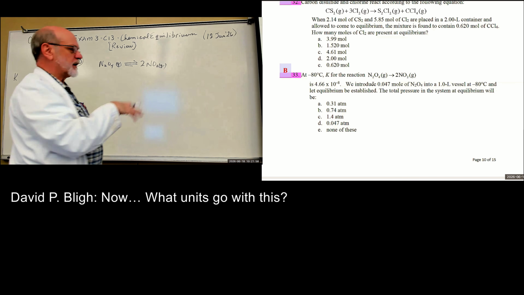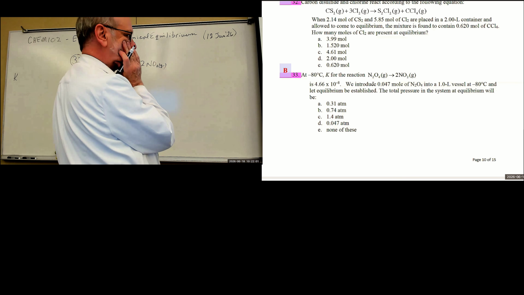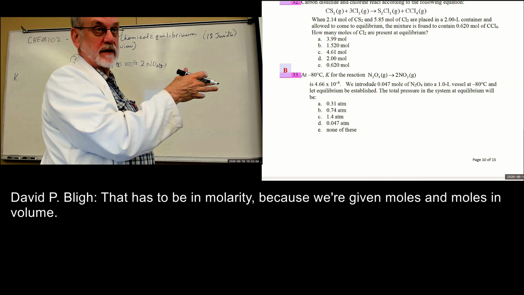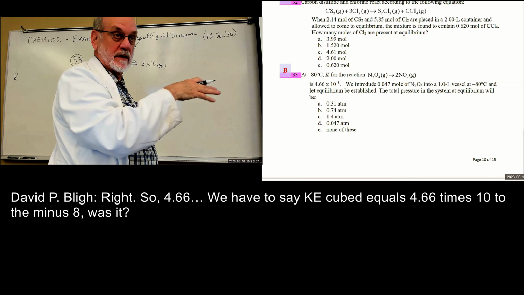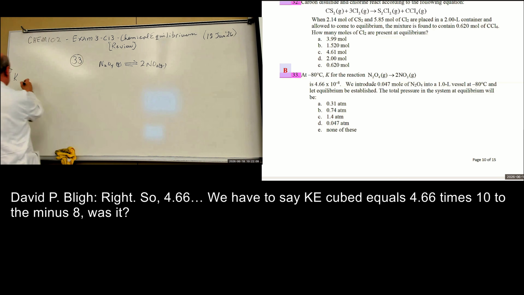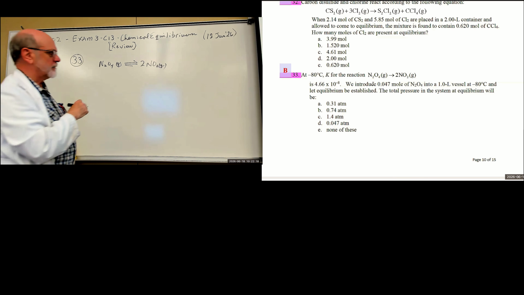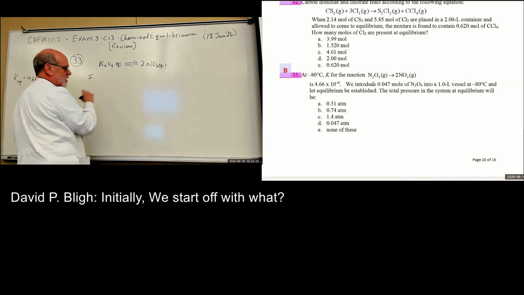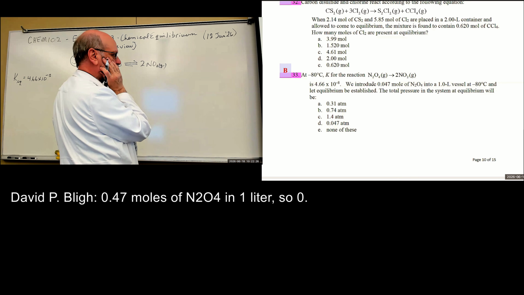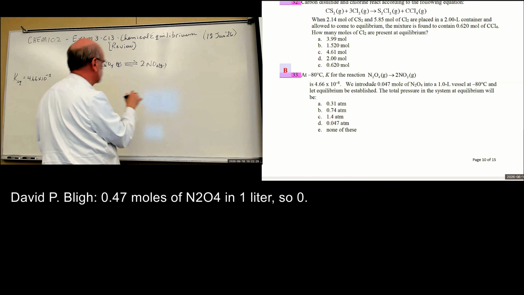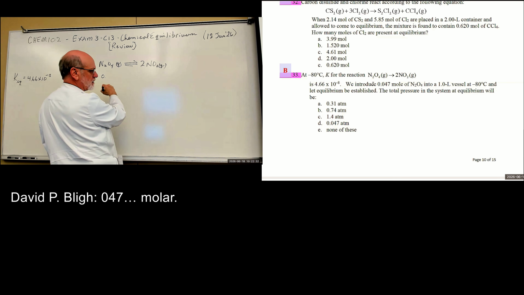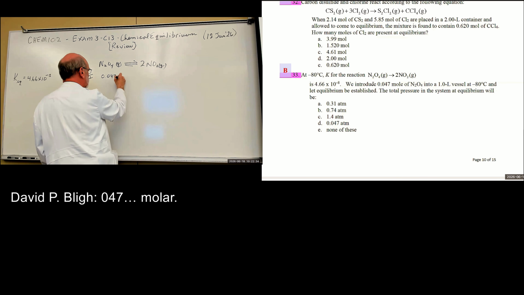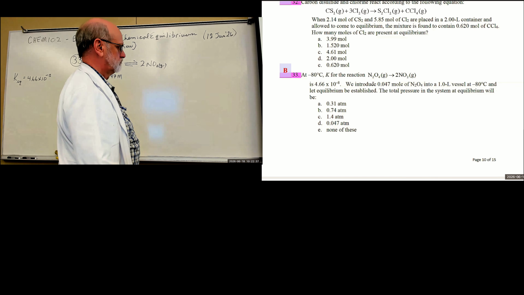Now, what units go with this? That has to be in molarity because we're given moles and volume, right? So Keq equals 4.66 times 10 to the minus 8. Initially, we start off with 0.047 moles of N2O4 in 1 liter, so 0.047 molar.